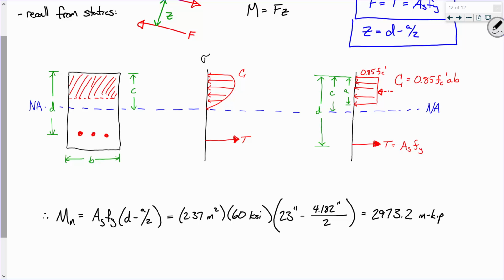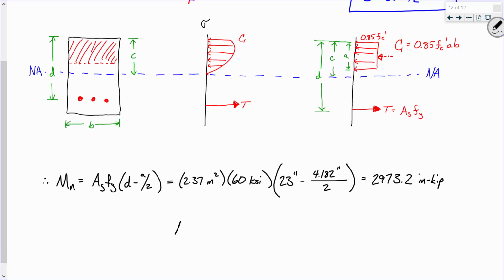No biggie. All right, so that's inch kips. I'm not a fan of inch kips ultimately for moment. So if I want to convert that to foot kips, what would I do? Remember, it's inch kips going to foot kips, so we divide. It'll be a smaller number, so you divide by 12.